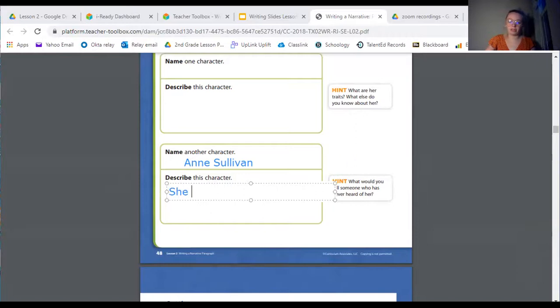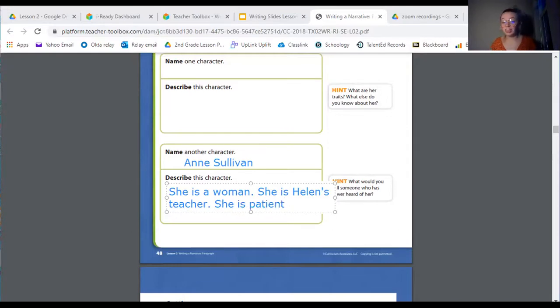Well, I know that she is a woman. I know she is Helen's teacher. And I know she is patient because it must be really hard to work with somebody who's deaf and blind.